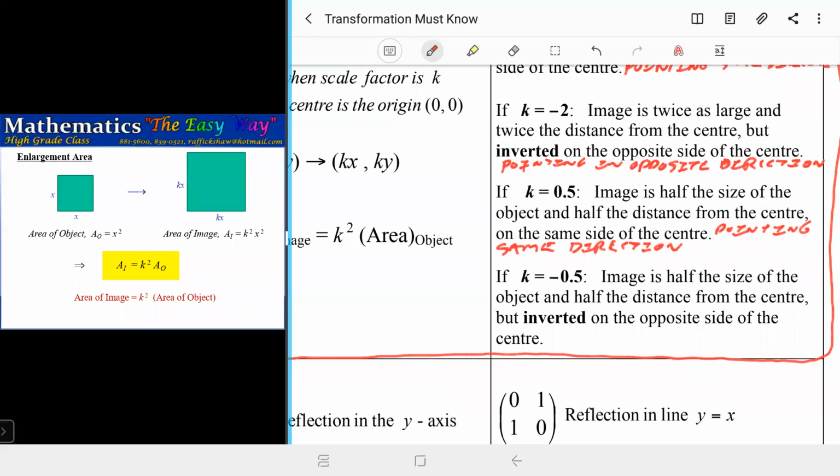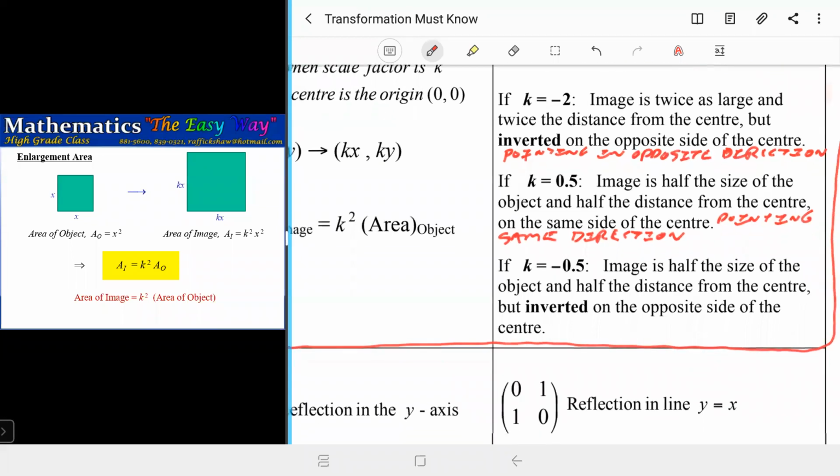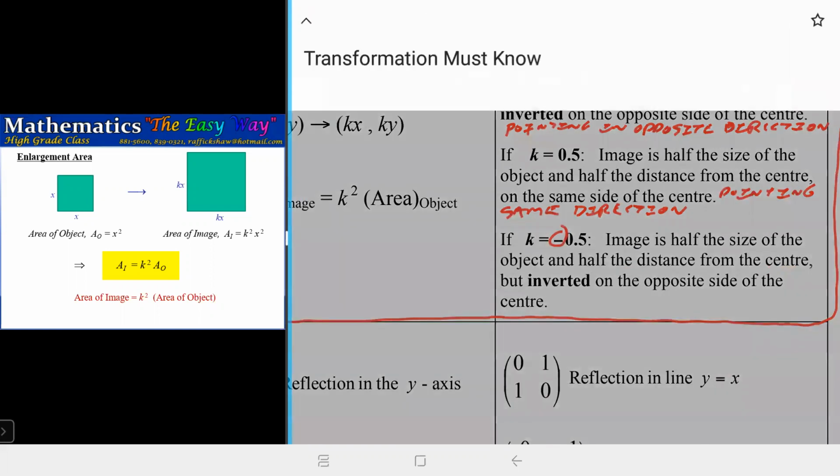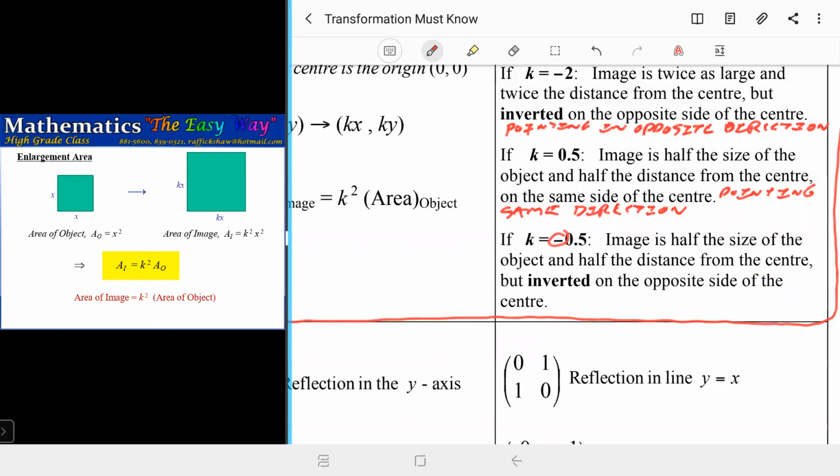And then down here, the scale factor is negative a half. It's half the size, half the distance from the center, but the negative causes it to be inverted on the opposite side of the center. And further to that, they're going to be pointing in the opposite direction.